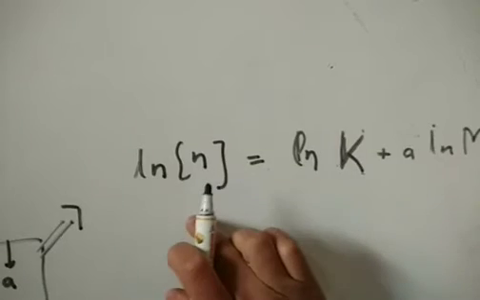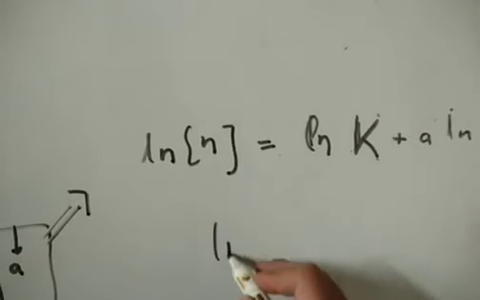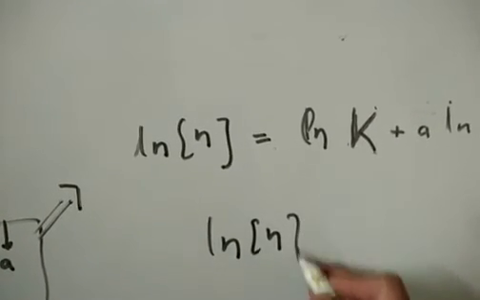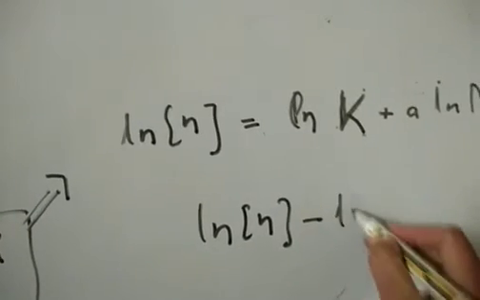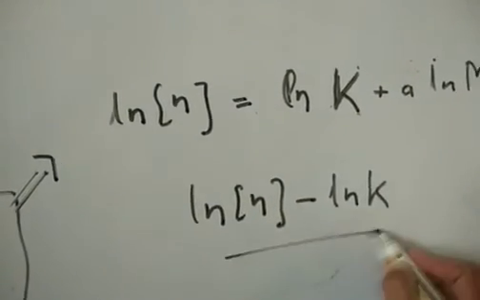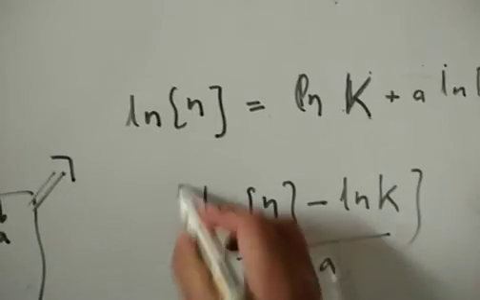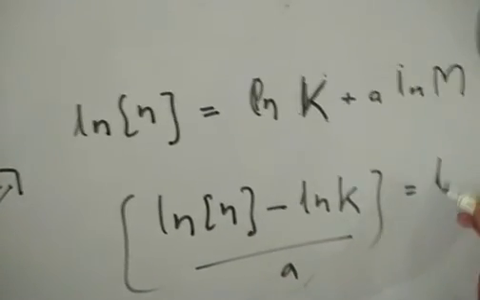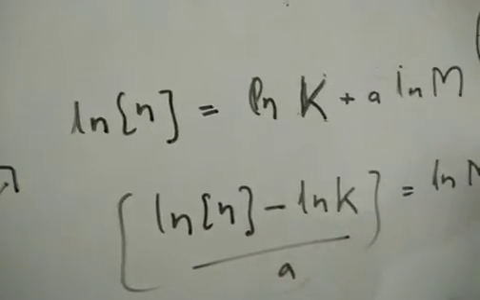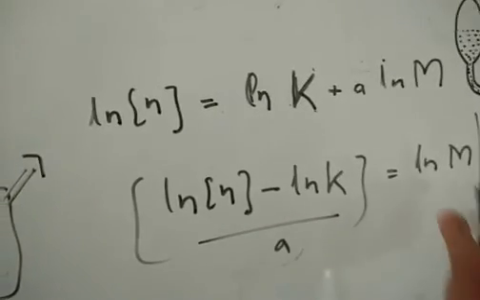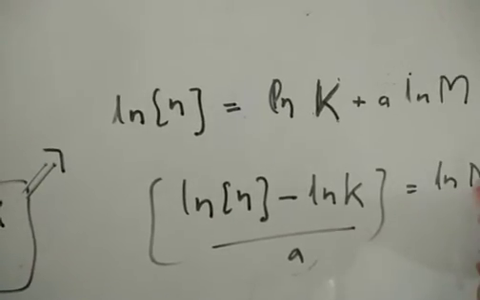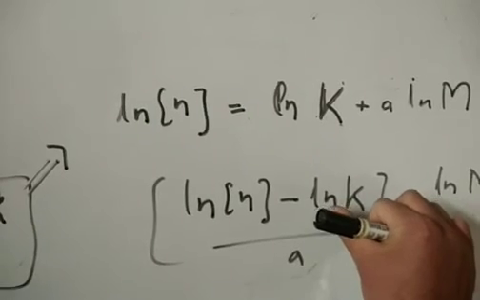Now bring it here. So we'll get log of intrinsic viscosity minus log of K, divided by a, that is your natural log of M. So this is your natural log of M. Now we take this here, and that becomes the antilog.